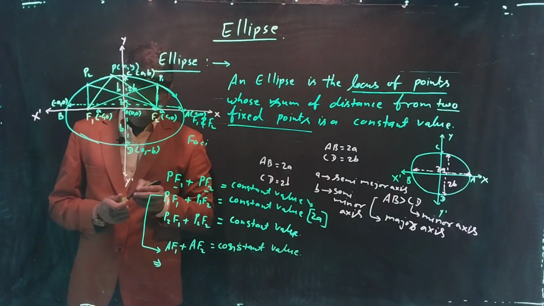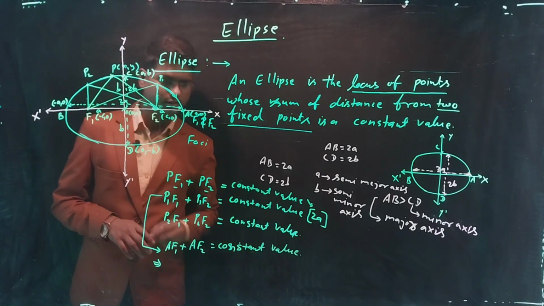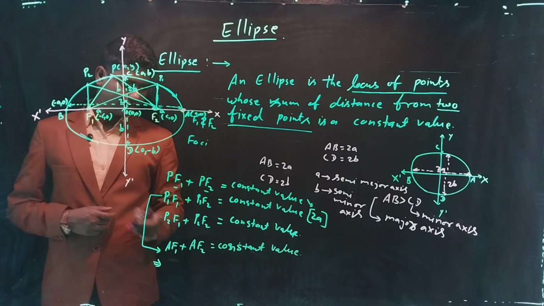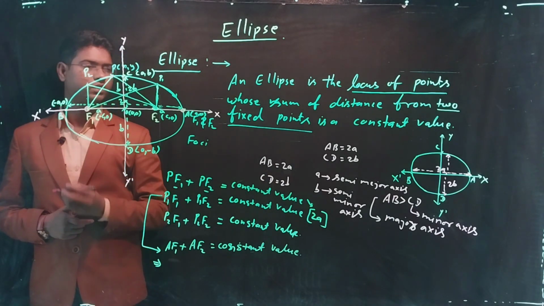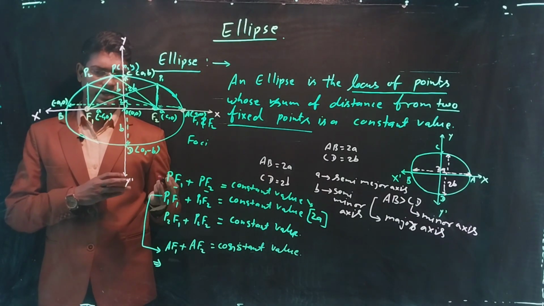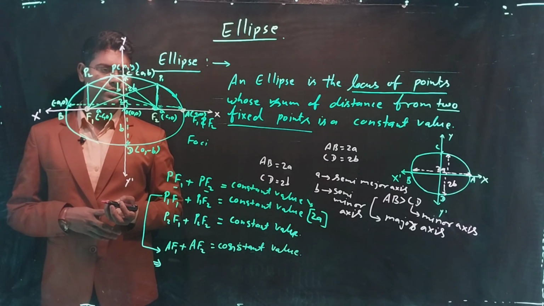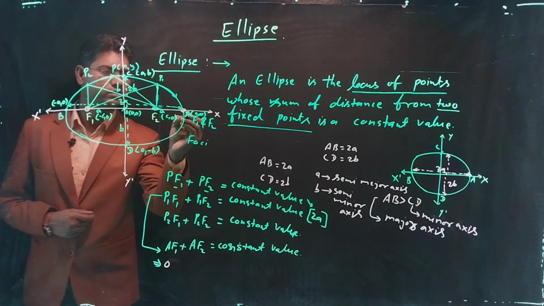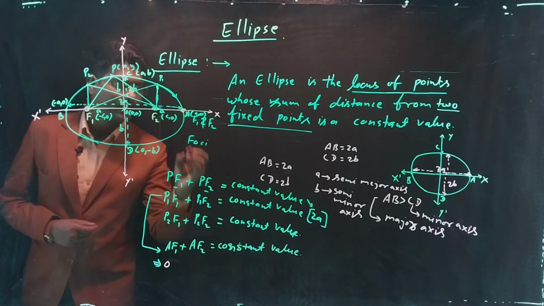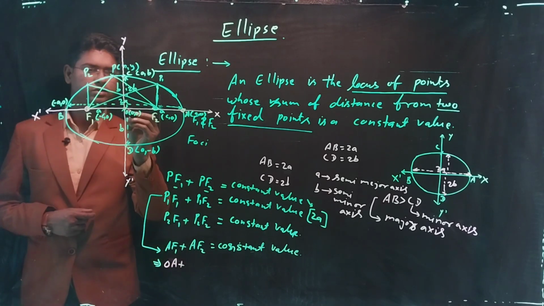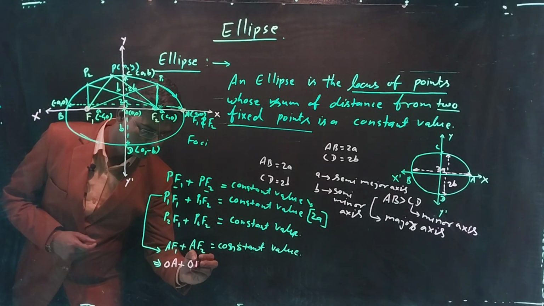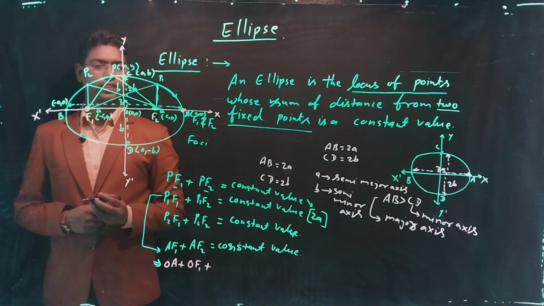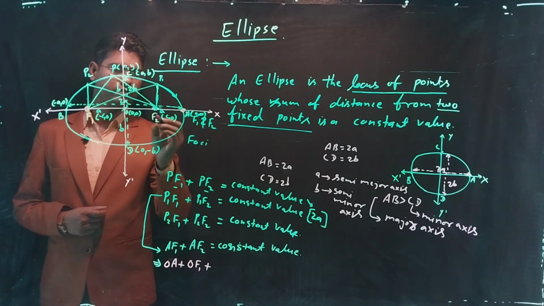Here is A, and where is F1? F1 is here. Now I am going to break this AF1 into two distances. AF1 can be written as OA plus OF1. And AF2: A is here, and F2 is here.